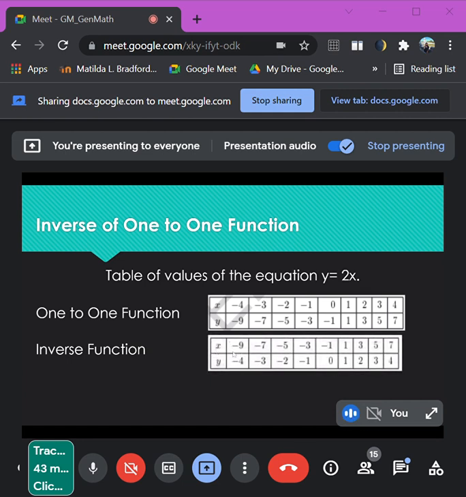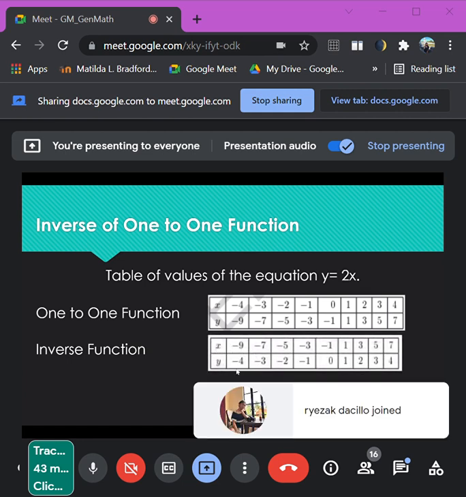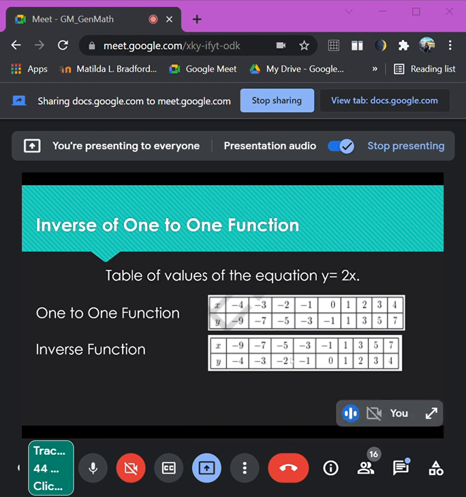It will be negative 9, negative 4, negative 7, negative 3, negative 5, negative 2, negative 3, negative 1, negative 1, 0, 1, 1, 3, 2, 5, 3, 7, 4. So as you can see here, ato ra siyang gi-exchange ilahang places sa ato ang ordered pairs. That is inverse function of your one-to-one.